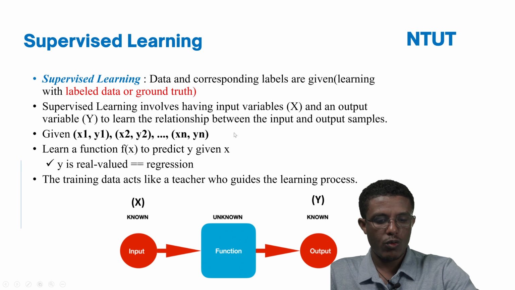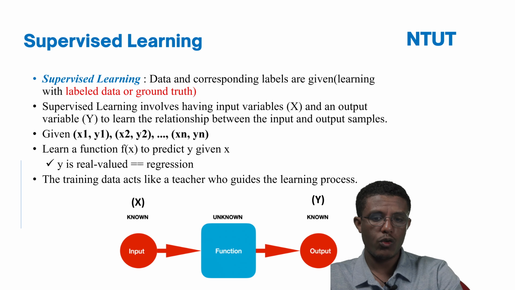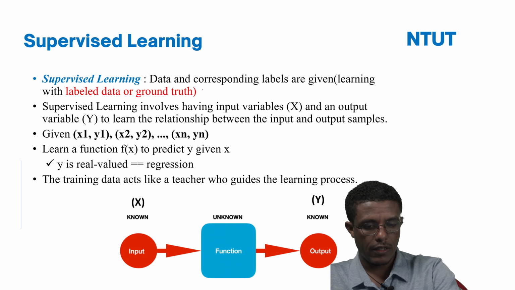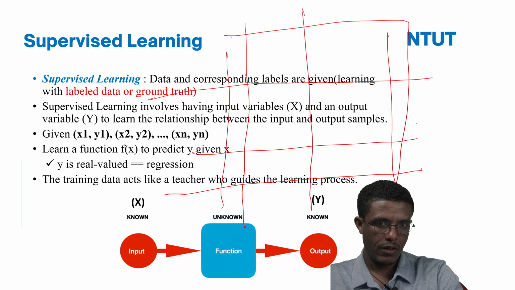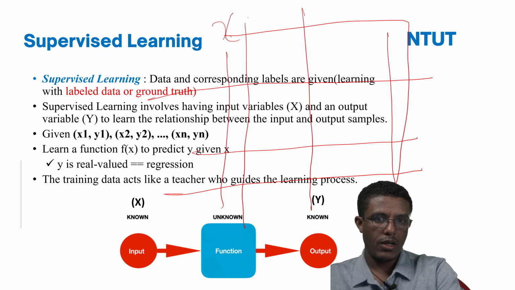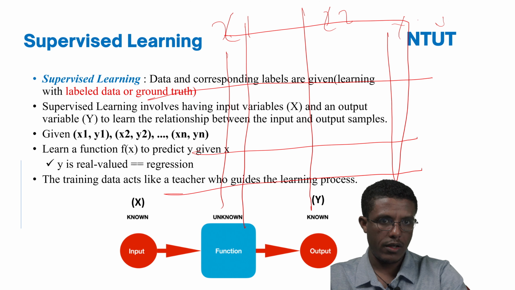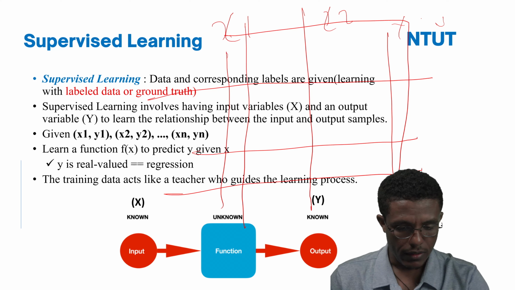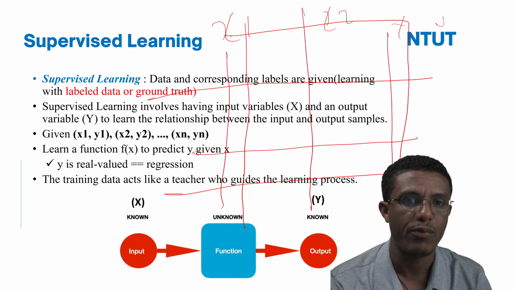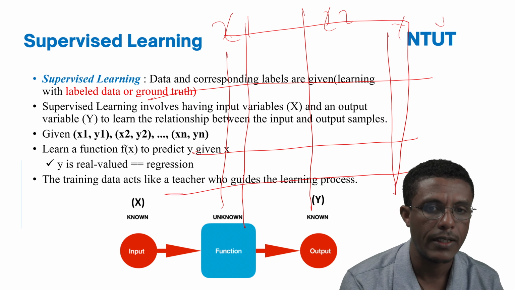For example, in supervised learning, the data should be prepared like a table. Let's say x1 here, x2 here, and then we have y. x1 and x2 represent the input features, and y represents the targets.